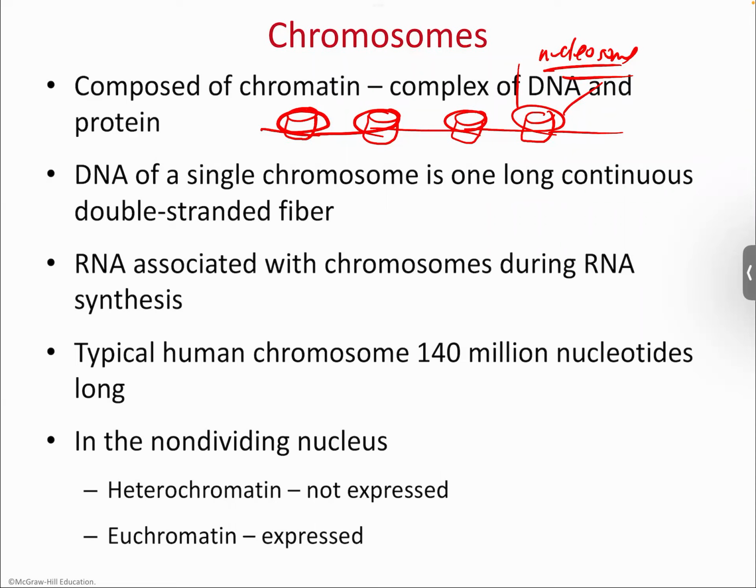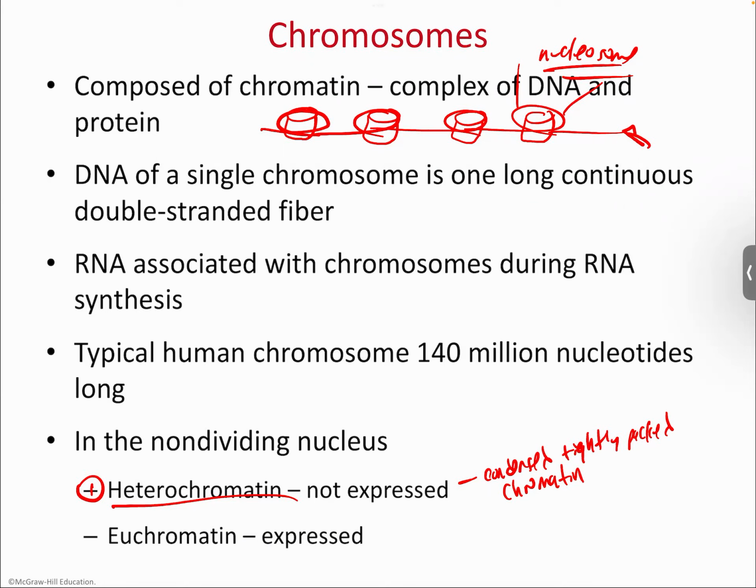So we have 2 different types of DNA texture in a non-dividing cell. The first one is what's called heterochromatin. This is really condensed and tightly packed chromatin. If you take this structure and wad it together tighter, wind it up tighter and tighter and pack it all together, then it becomes inaccessible.